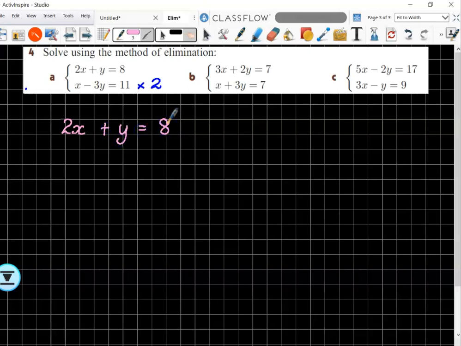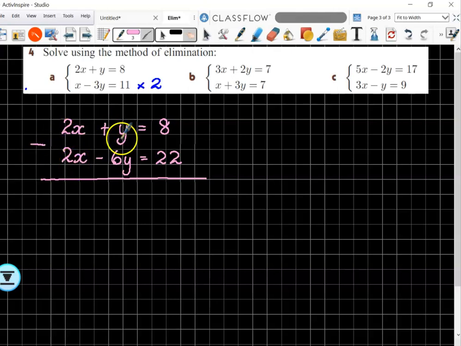And then we're going to pop the second equation underneath, nice and neat. So that's 2x take 6y equals 22. Okay, we make that decision. Are we going to add or subtract? To eliminate the 2x, we're subtracting. 2x take 2x, no x.